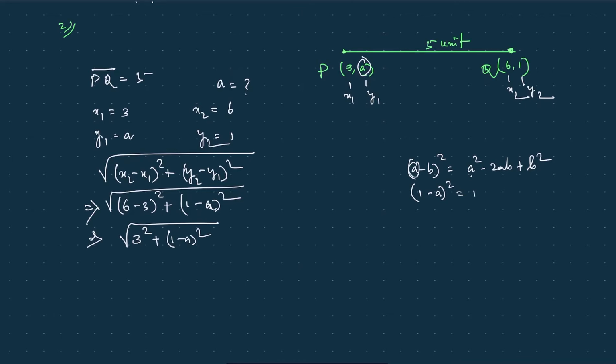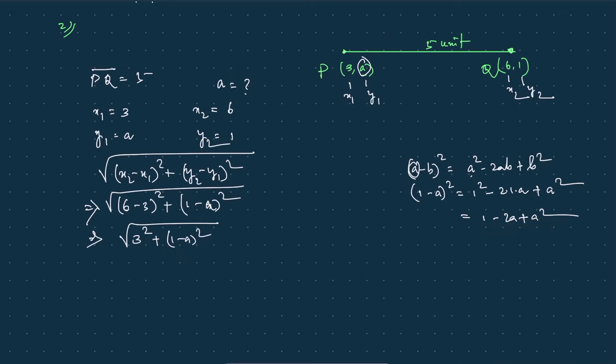So I'm going to write 1 square minus 2 into 1 into a plus a square. So that's going to be 1 minus 2a plus a square. So instead of (1 minus a) whole square, I'm going to replace 1 minus 2a plus a square.